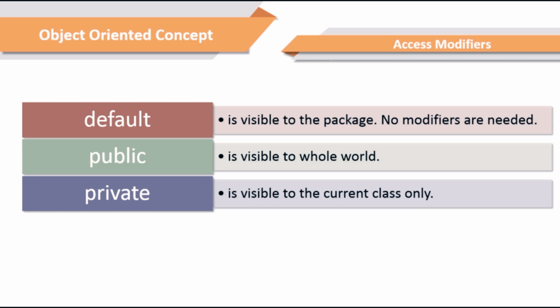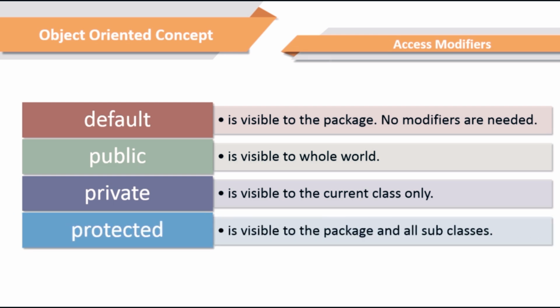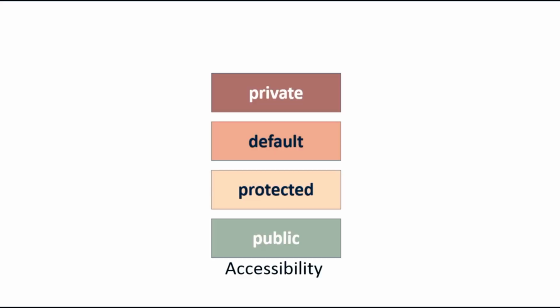So methods, variables, and constructors that are declared private can only be accessed within the declared class itself. Private modifiers are the most restrictive access level. So the last one is protected. The protected access modifier is accessible only within the same package and in addition from all subclasses of its class.